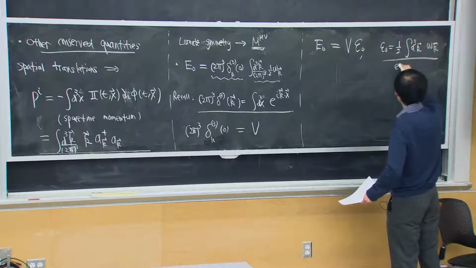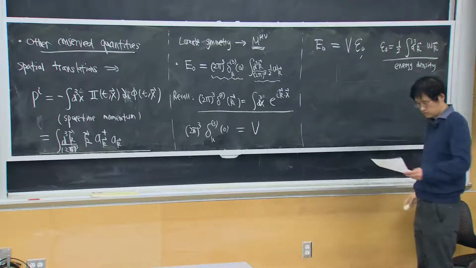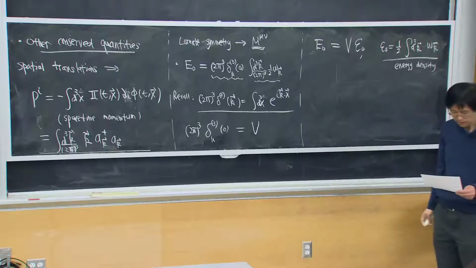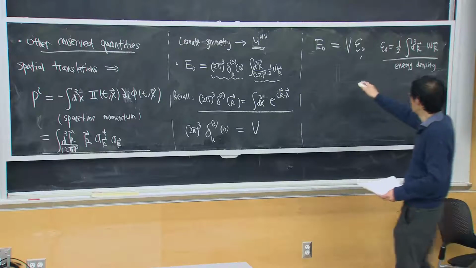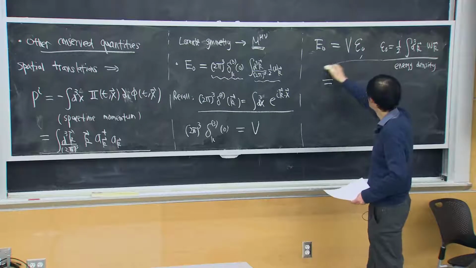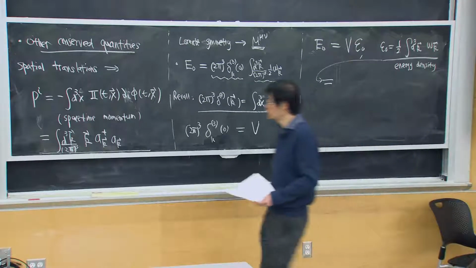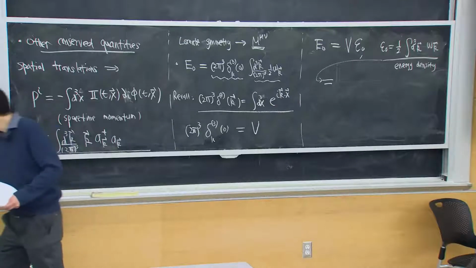We can write this energy density in one more step, plugging in the explicit value of omega k.